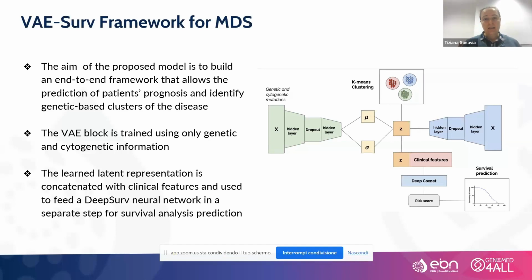What it does is perform a first neural network on the genetic data, where the model learns a sort of latent representation of the genetic data, and then combine this data with the clinical features in order to feed another neural network-based approach for the survival analysis.